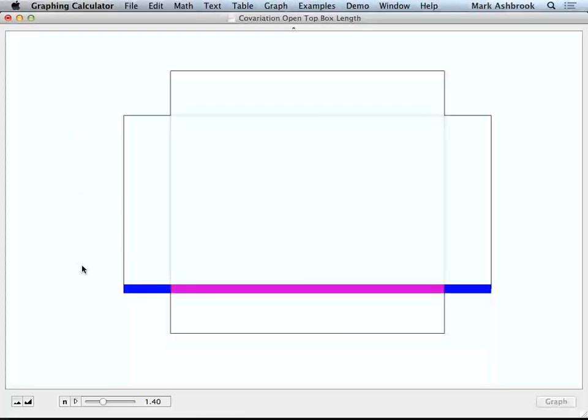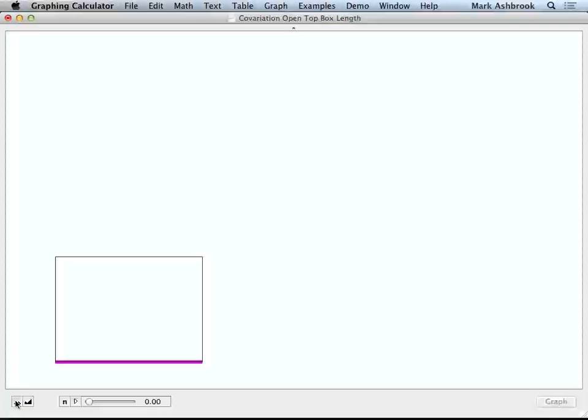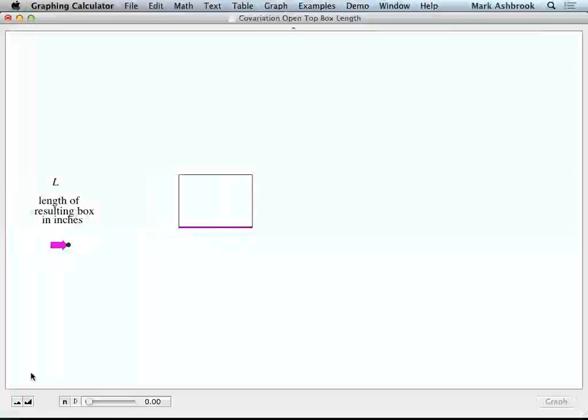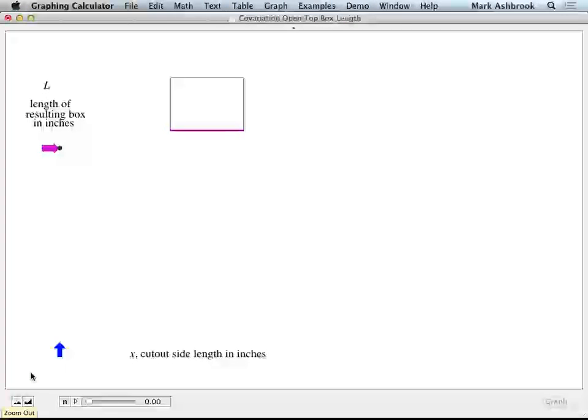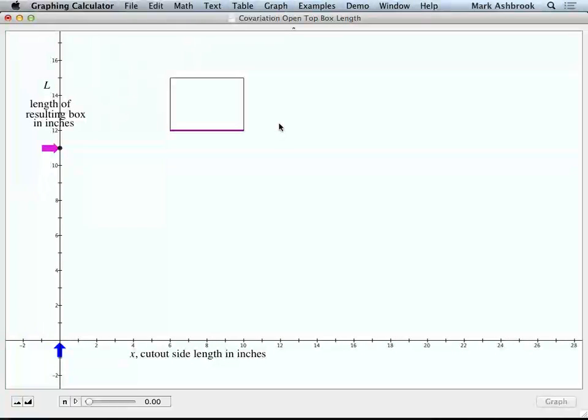So let's go back to this. Now actually, this is what you're responsible for in your Wednesday project, but my version of this has more to it. So I'm going to turn the axes on. Okay, and this is what I use to teach about rate of change in my pre-calculus course.